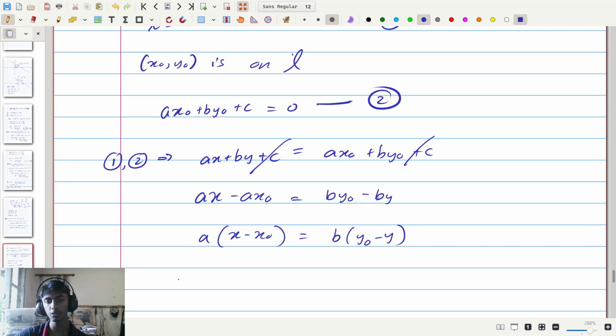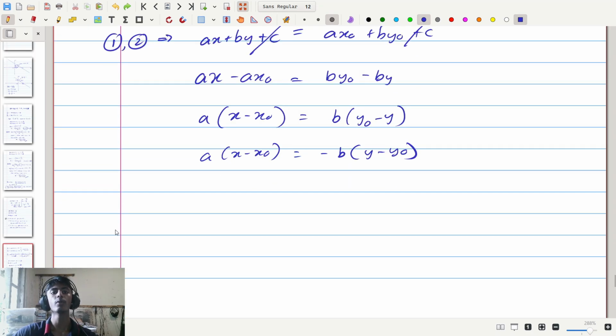Now here what I'm going to do is factor out a negative from the right hand side and write a(x minus x0) is equal to negative b(y minus y0), so that we have that format of y minus y0 and x minus x0. We're going to now divide both sides by ab. So here we need the a and b to be non-zero. When we do this, we get (x minus x0) divided by b is equal to negative (y minus y0) divided by a.